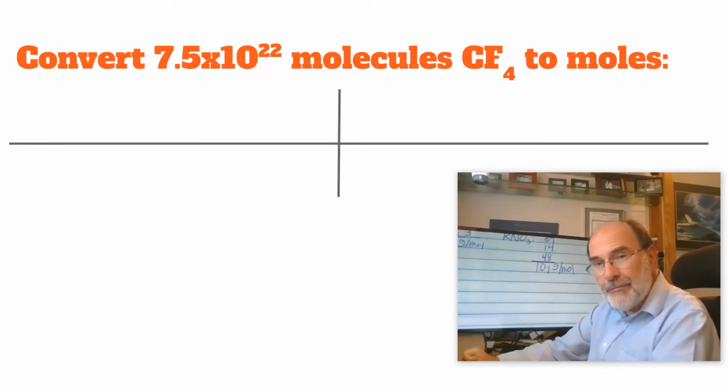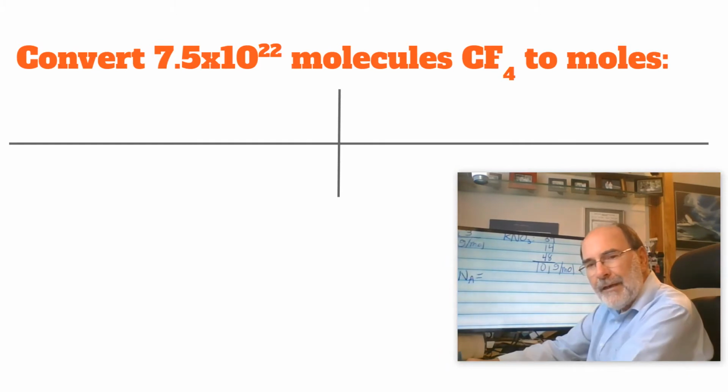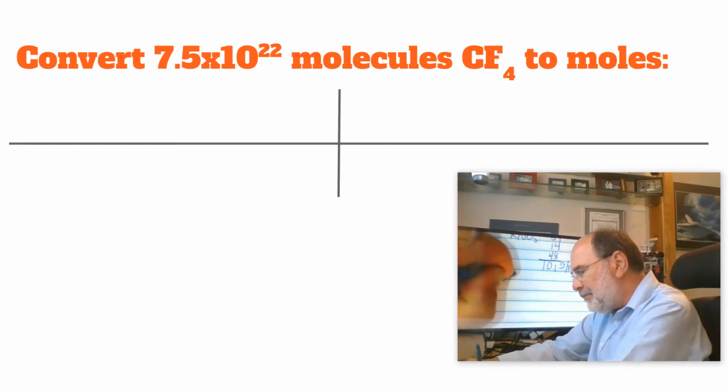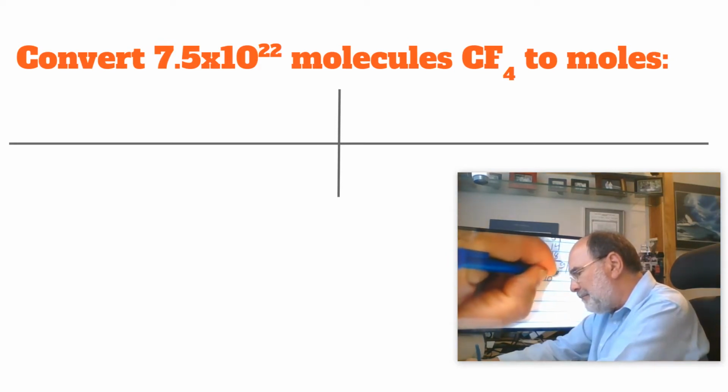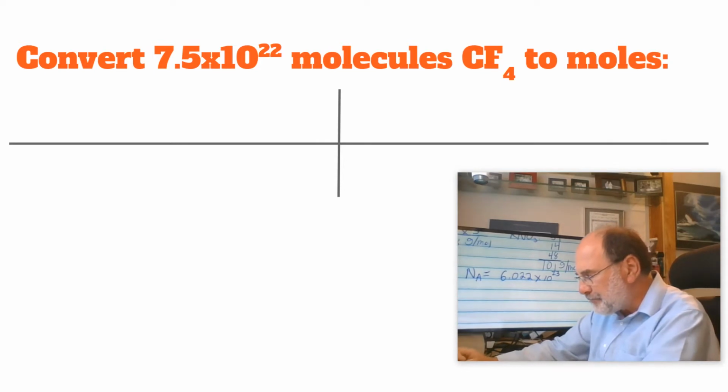So what you need for this one is Avogadro's number. You've probably memorized it, and of course you have it in your reference sheets. Avogadro's number, represented as Na, is 6.022 times 10 to the 23rd power. And it doesn't matter what we're talking about. This planet has about 10 moles of kilograms of mass in its core, underneath its surface.